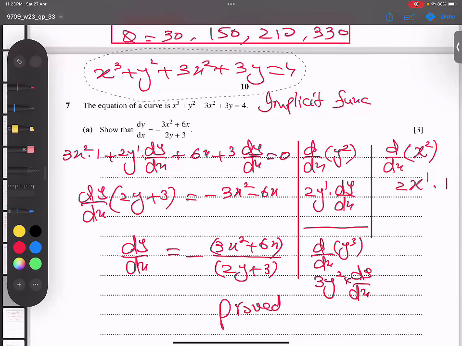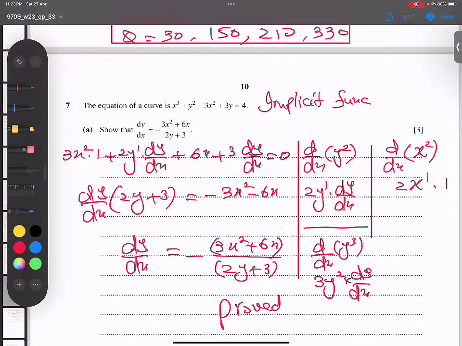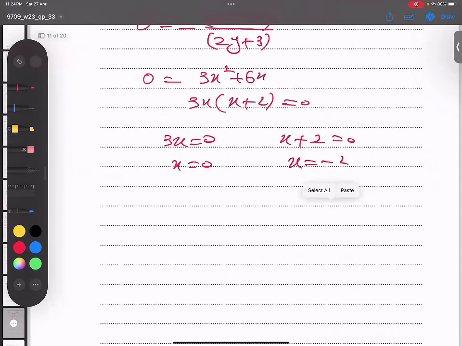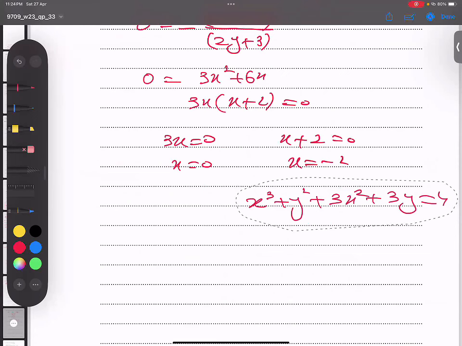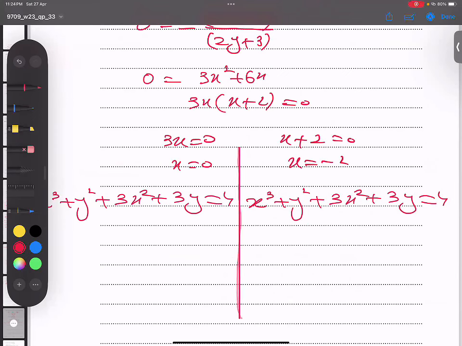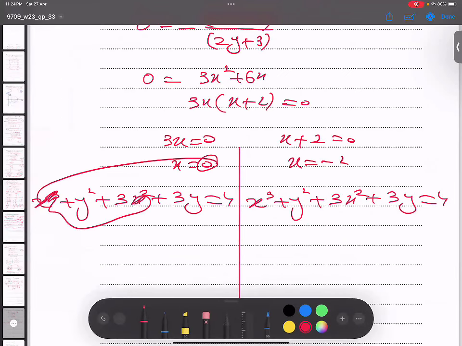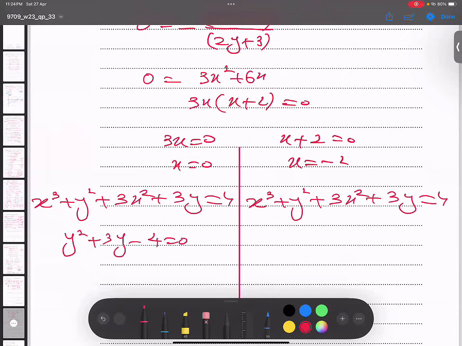So copy it and bring it here. Students, I will paste it two times, one here and one here, and I will use both. So when I plug in x equals 0 here, x is gone. So I get y to the power 2 plus 3y minus 4 is equal to 0.